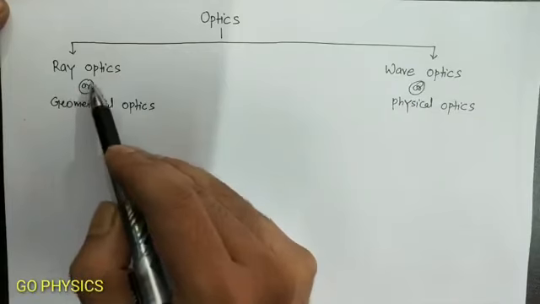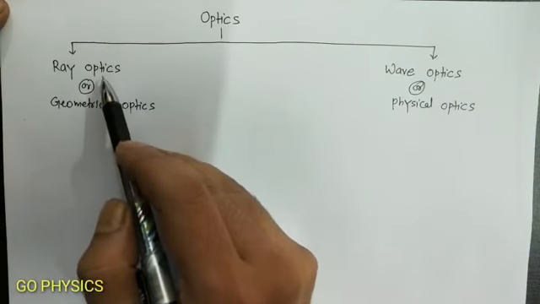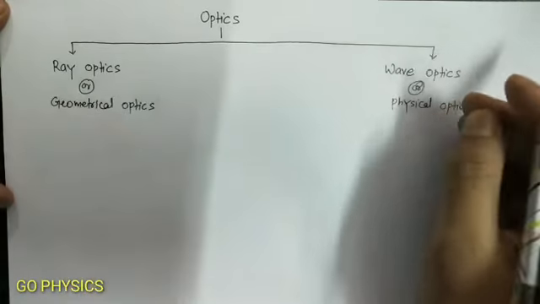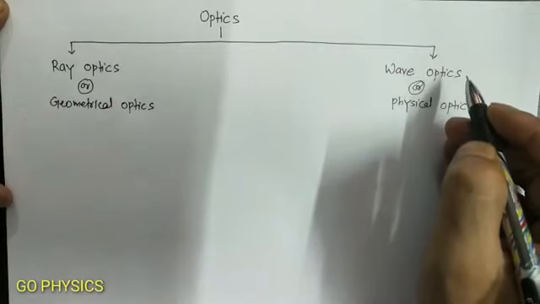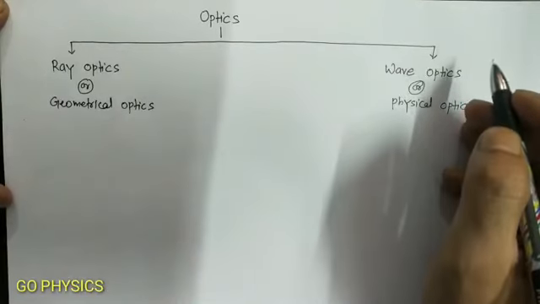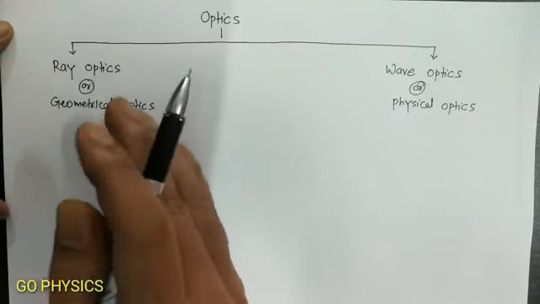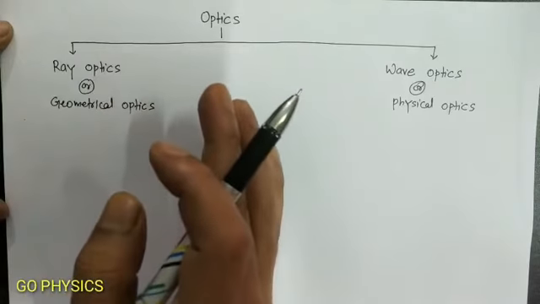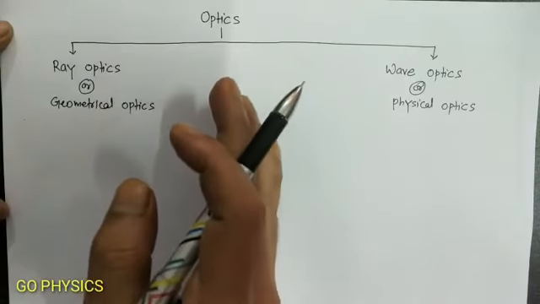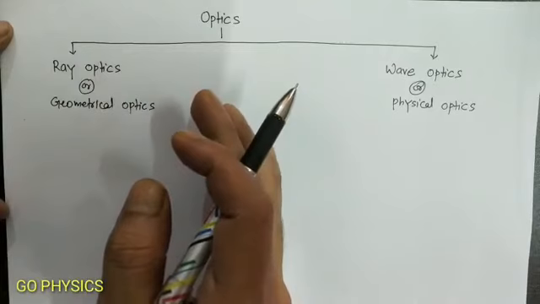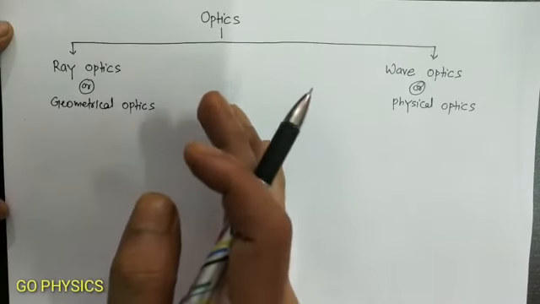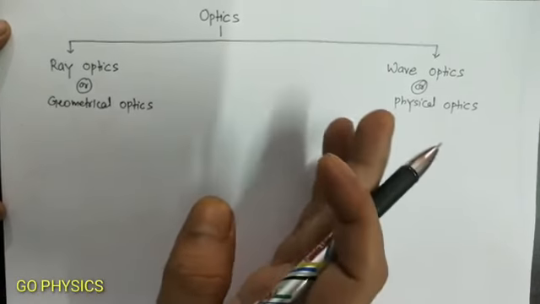While studying ray optics, we consider light as rays, and while studying wave optics, we consider light as a wave. In ray optics, dimensions of the objects like mirrors, lenses, prisms, optical instruments, etc. are much larger than the wavelength of light.